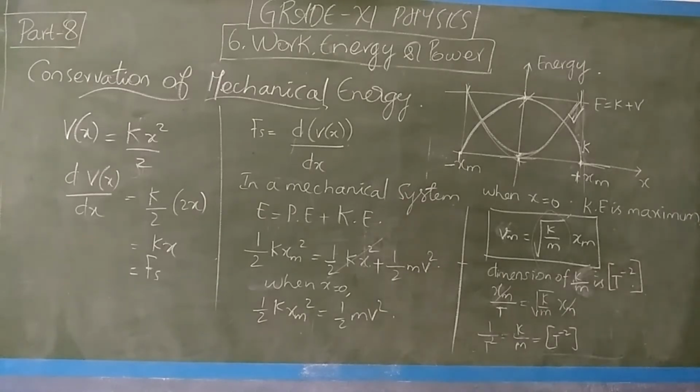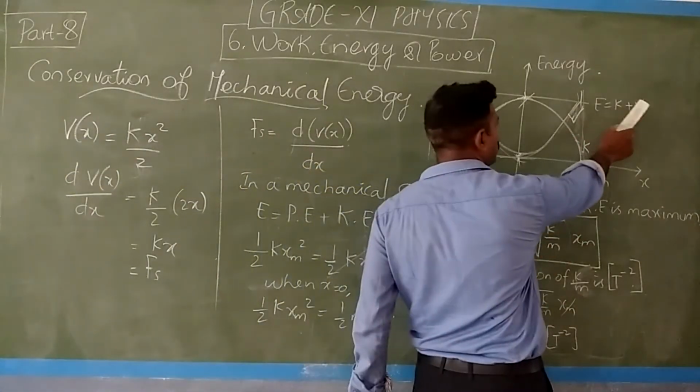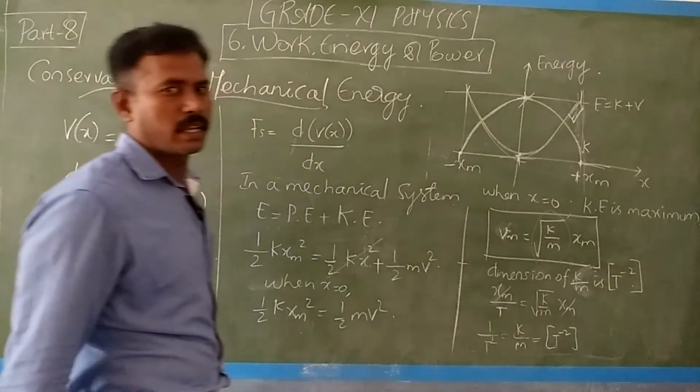So here from the graph we apply that the total mechanical energy is constant. That is, the total mechanical energy is equal to kinetic energy plus the potential energy.